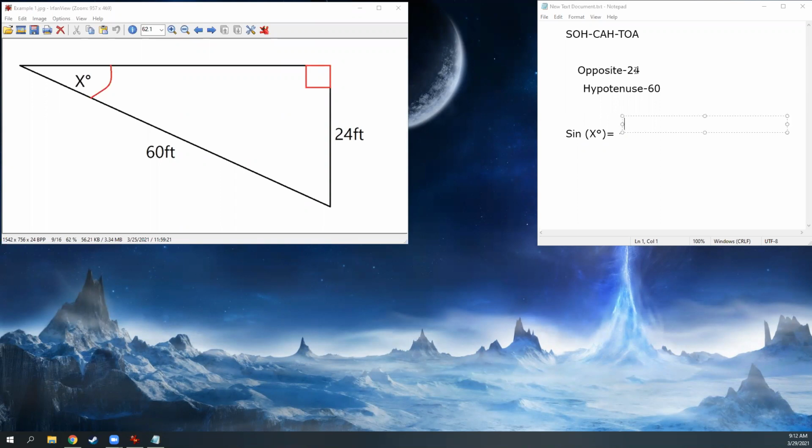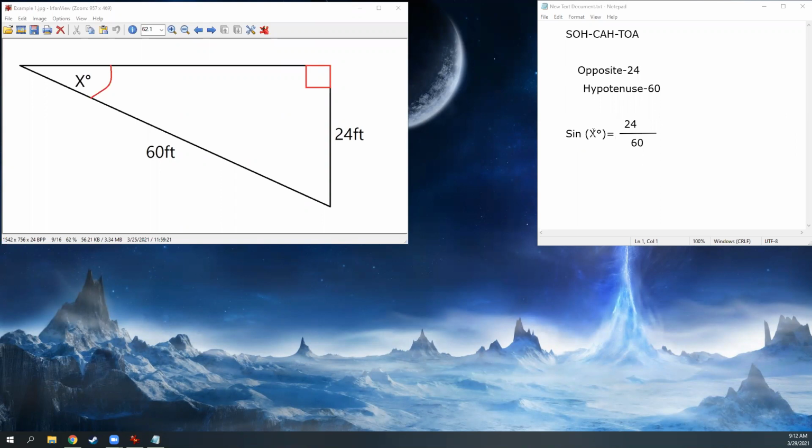Opposite, which is 24, over hypotenuse, which is 60. Cool. We're almost done. So we've got sine of the angle equals 24 over 60.